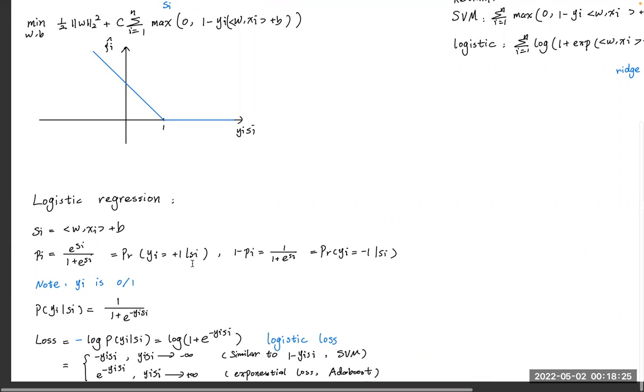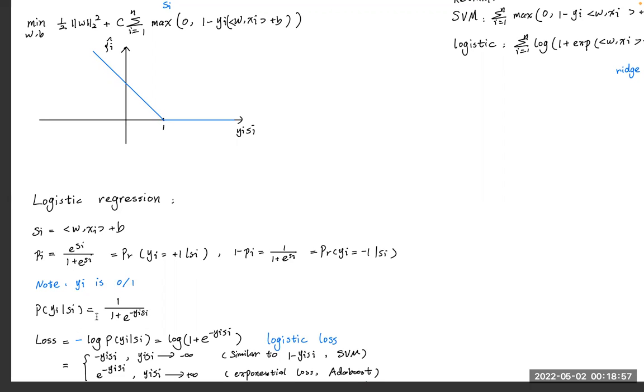And you can actually combine these two things, because this p_i, if you divide both the numerator and denominator by e^{s_i}, you have 1 here, right? And then 1 plus e of negative s_i. And then you can combine this with this one, so that this probability y_i given s_i is 1 over 1 plus e^{negative y_i s_i}. Okay, so that actually covers this formula and this formula.